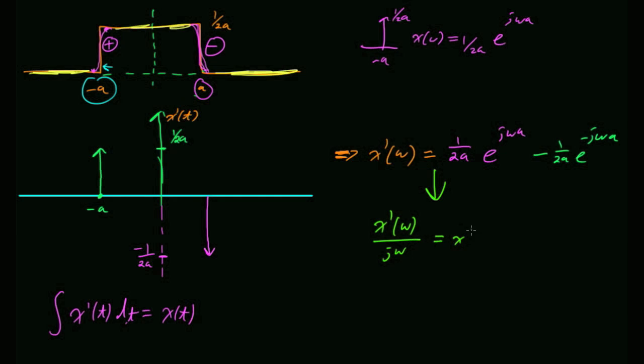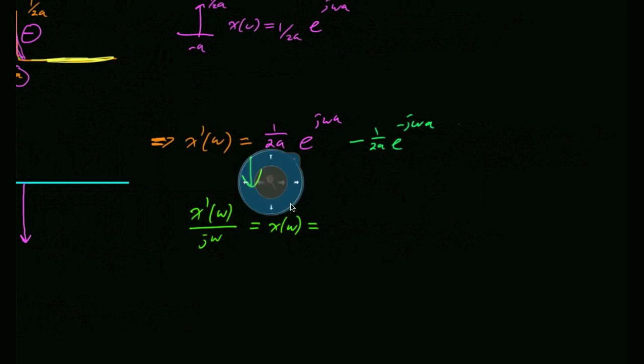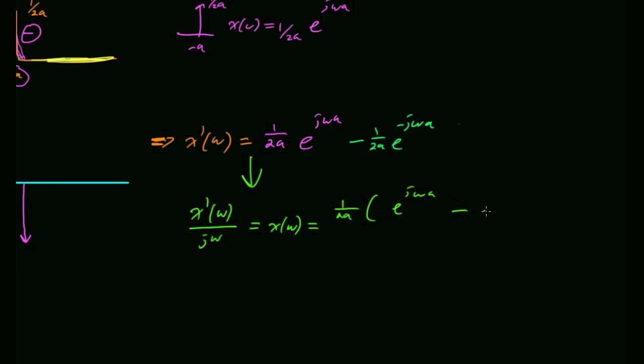Okay, let's clean this up a little bit. I factor out a 1 over 2a. What's going on in my numerator? My numerator is 2j sine of a omega, over j omega.